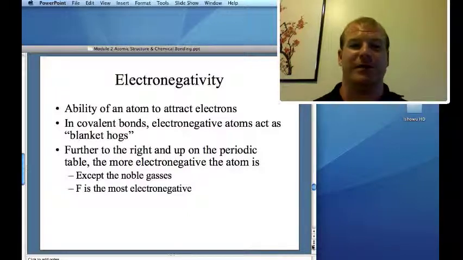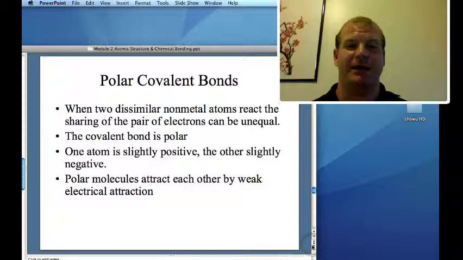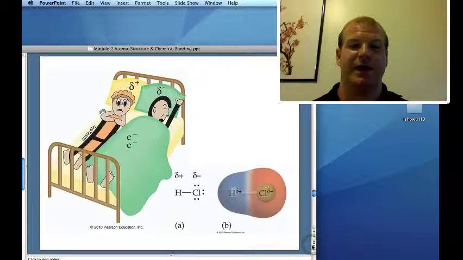Likewise, in a polar covalent bond, one atom will steal most of the electrons from the other atom. The trend is that the further to the right and up the periodic table you go, the more electronegative things are. This unequal sharing is a polar covalent bond. Here's an example: HCl.